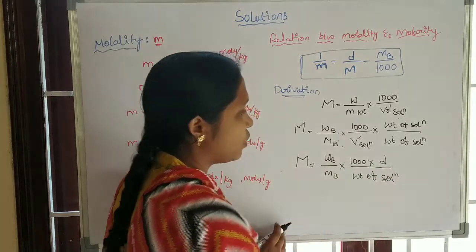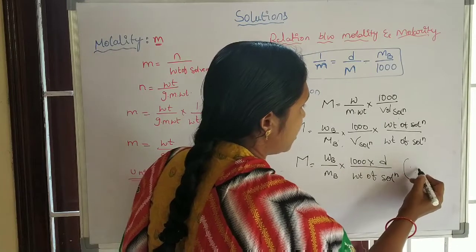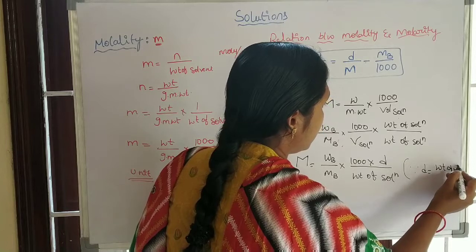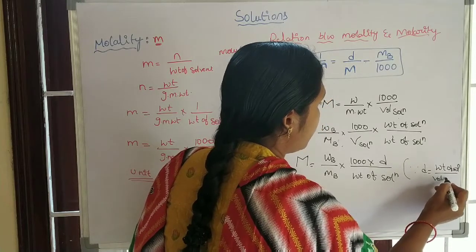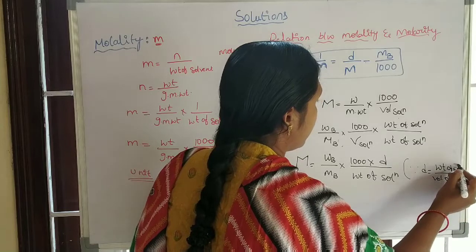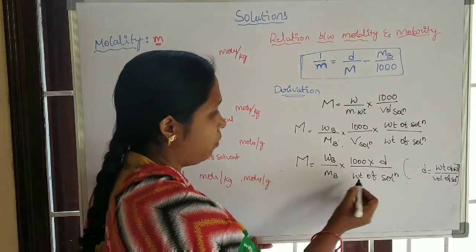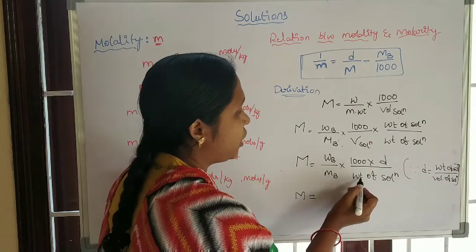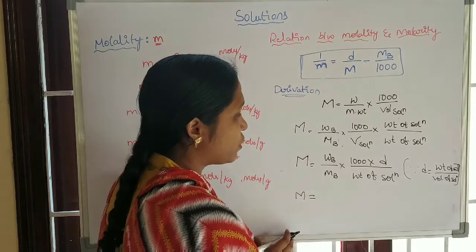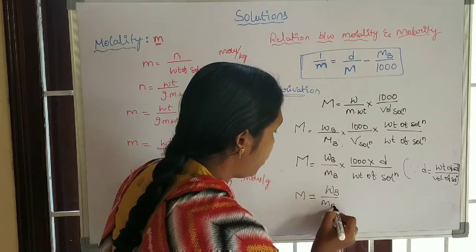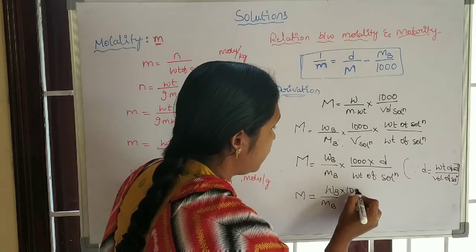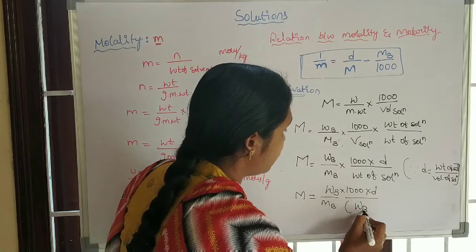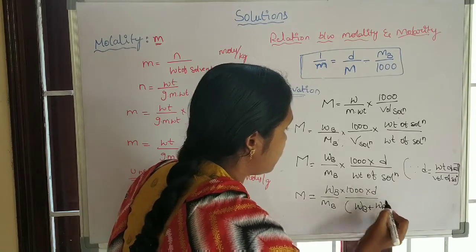Since density of solution is weight of solution by volume of solution, and weight of solution means the sum of the weight of solute and weight of solvent, it is molecular weight of solute into 1000 into density by weight of solute plus weight of solvent.